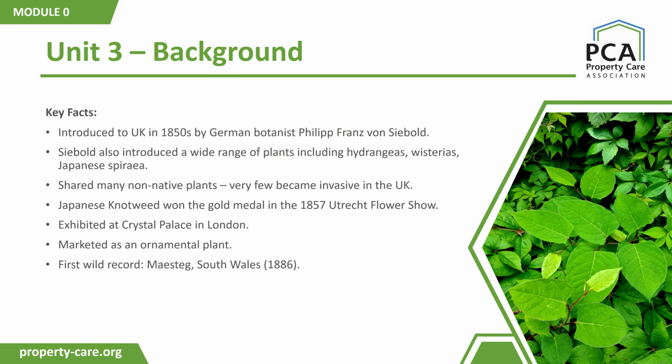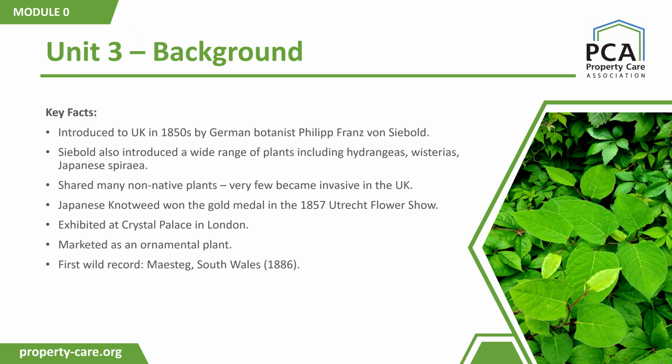Japanese knotweed was brought to the UK in the 1850s by Philipp Franz von Siebold, a German physician and botanist based in the Netherlands. Siebold was one of the most influential plant collectors of his time, introducing a wide range of East Asian species to Europe, including hydrangeas and wisterias.